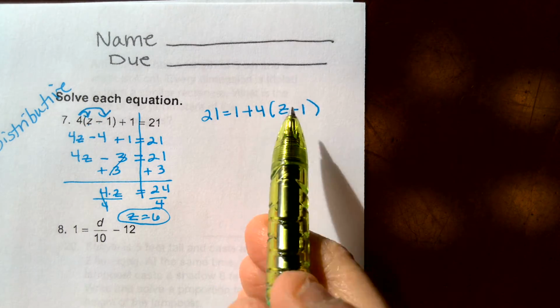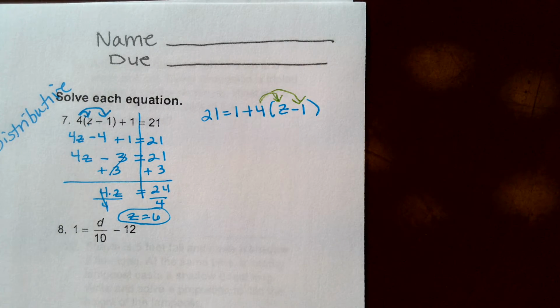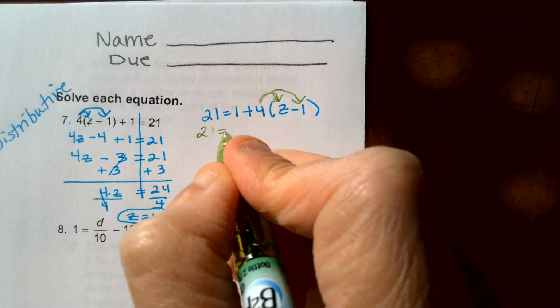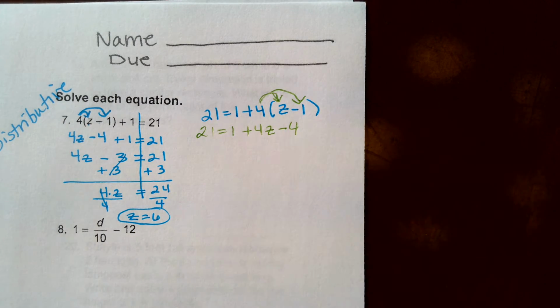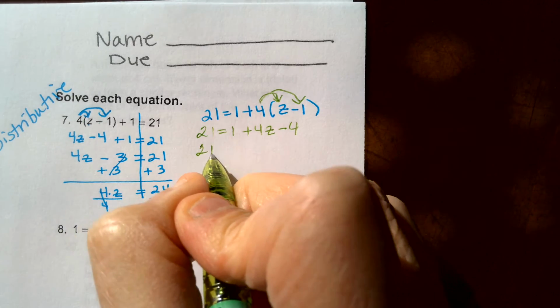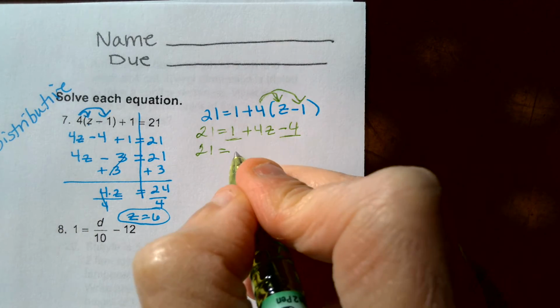You always have to distribute multiplication. So it's still going to be the same thing: 1 plus 4z minus 4. Then we can still combine 1 and -4.